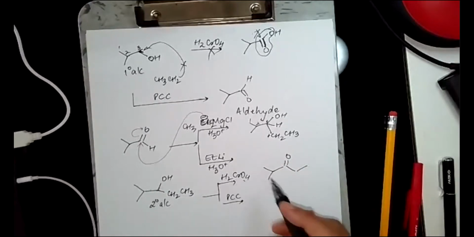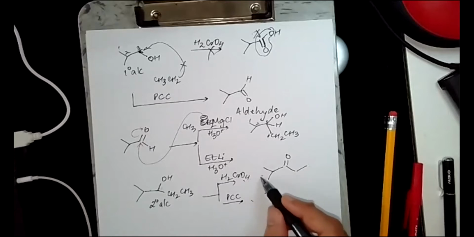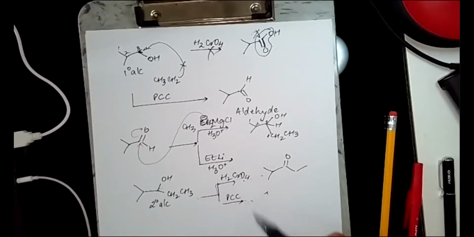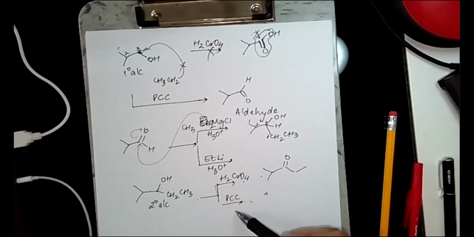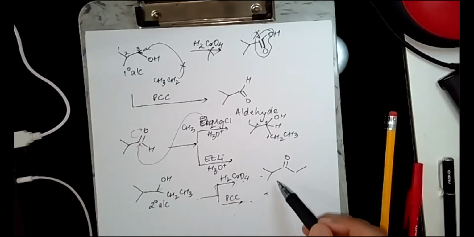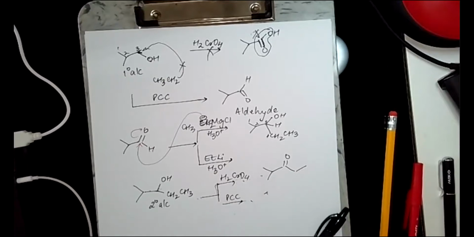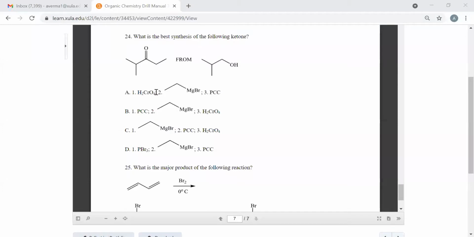Now with both of these, even if I follow this path or if I follow this path, with either of these reagents, I'm going to get this particular structure. So the first is chromic acid.